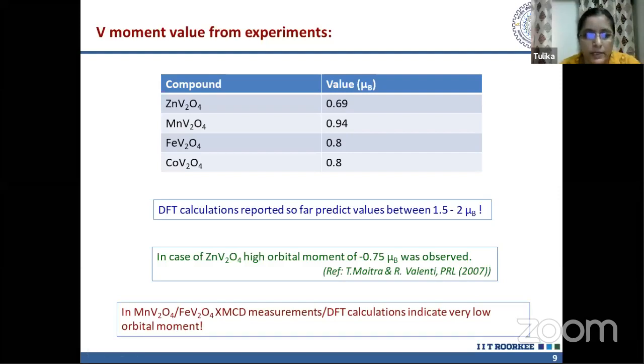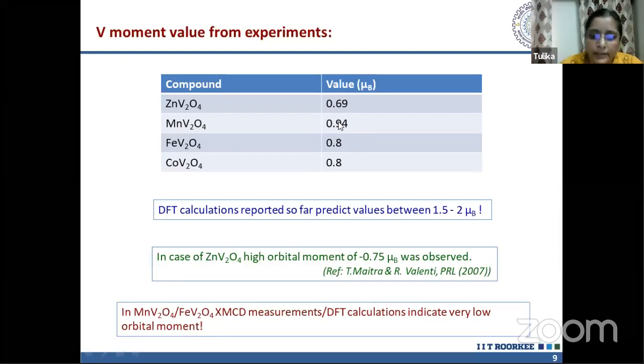It's very small actually. So the spin orbit coupling is not very dominant. So we will not be able to explain, like zinc vanadate, the low vanadium moment observed in these three compounds.